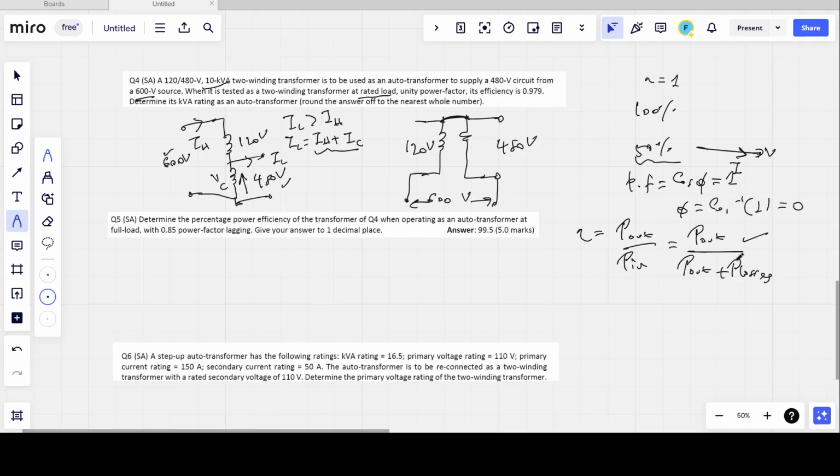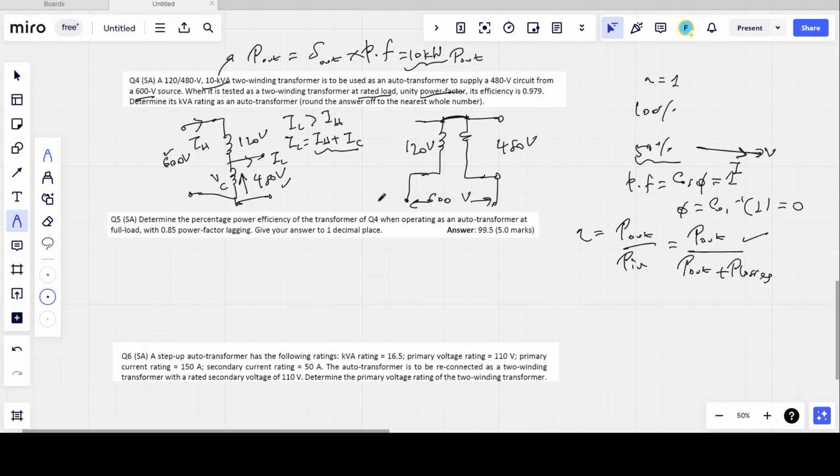So how do we get the power losses? Well, efficiency is given to us. So if we know the value of efficiency and we know the power output is given because, of course, the rated power and the power factor will give us the power output. So power output can be written as S output times the power factor. In this case, this is 10 kVA times 1, which is simply 10 kilowatts. So this will be the power output.